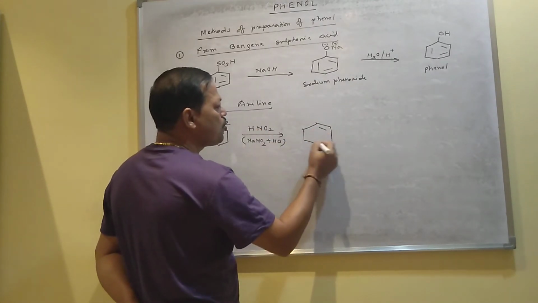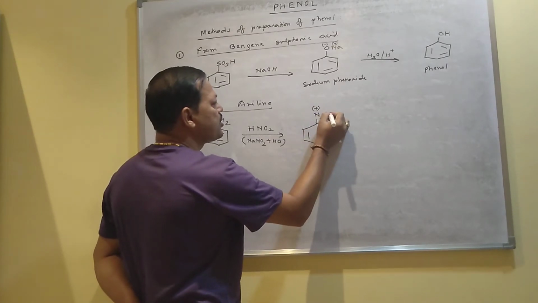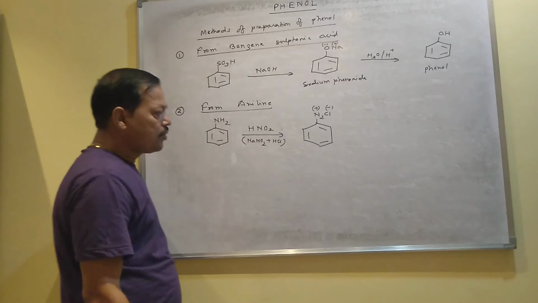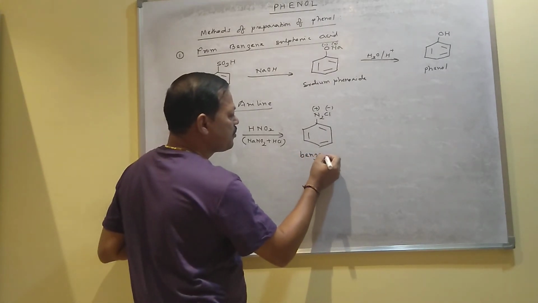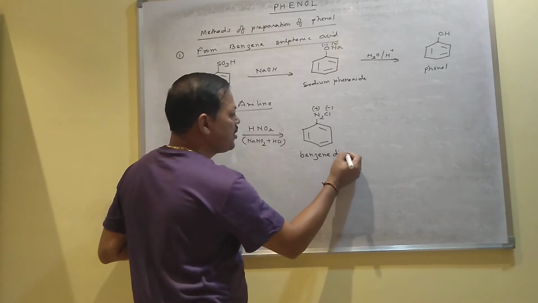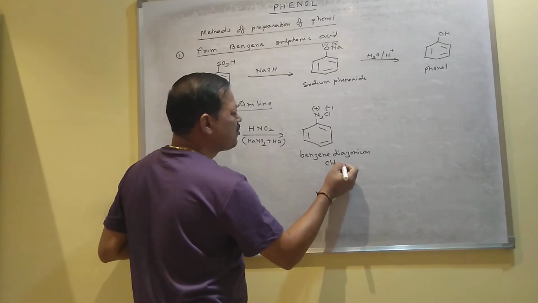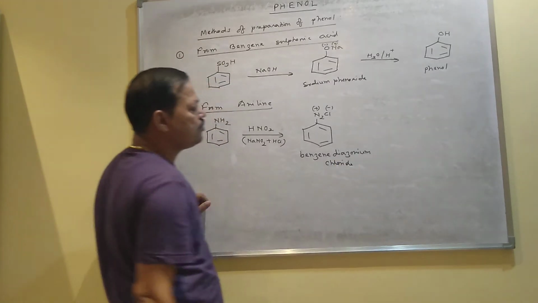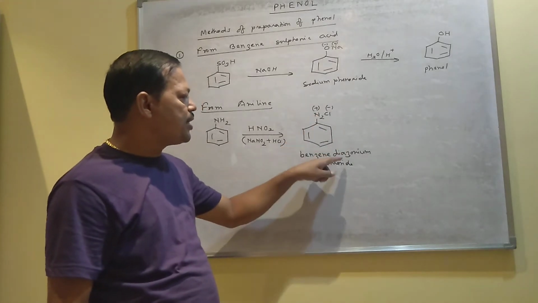Then it produces a salt like this, N2 plus Cl minus. This is called benzene diazonium chloride. The azo means nitrogen. In organic chemistry, nitrogen is called azo.